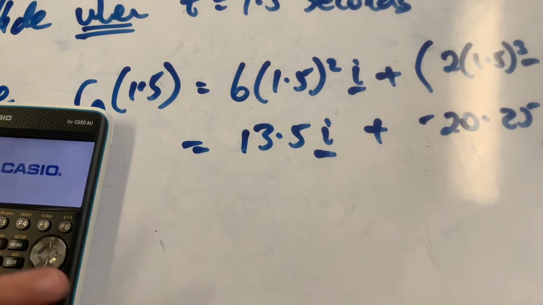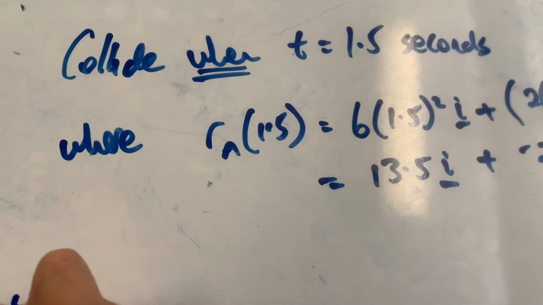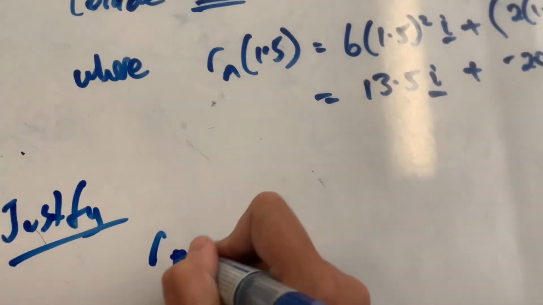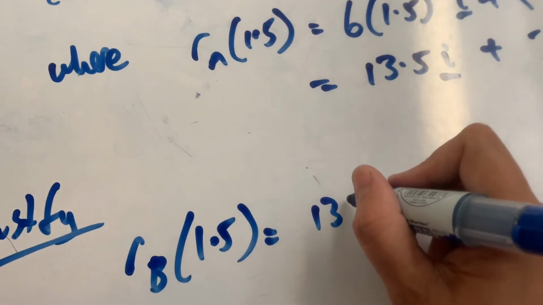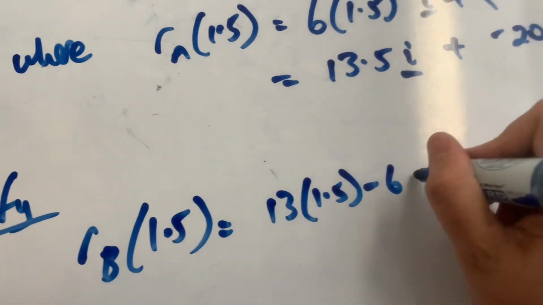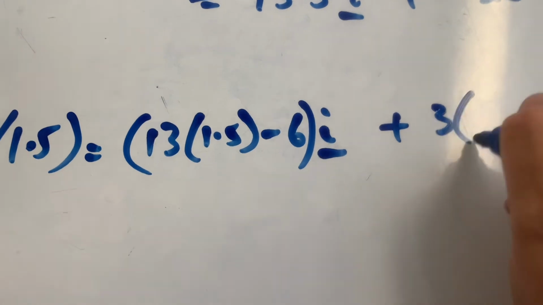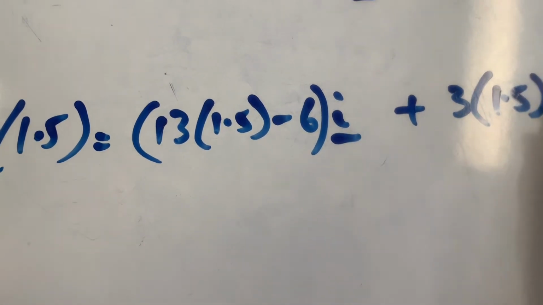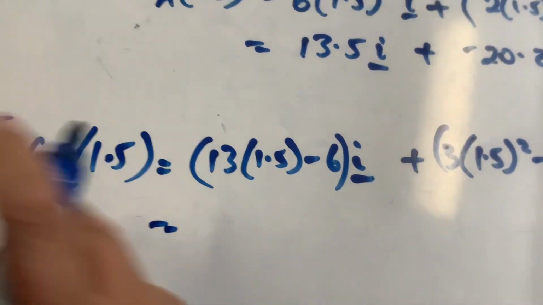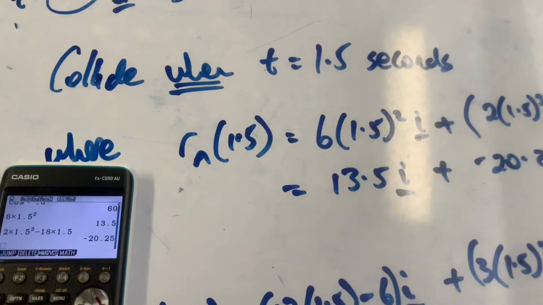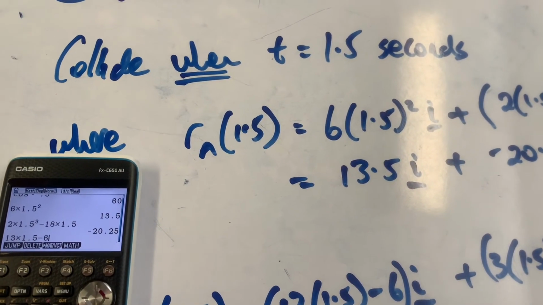If you were asked to justify that is a reasonable where, you justify by just doing RB. We just sub it in the same as we did before, and we pop that in and justify it as 13 times 1.5, take 6.